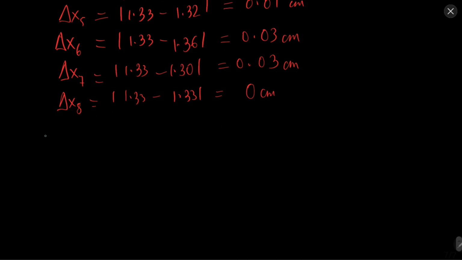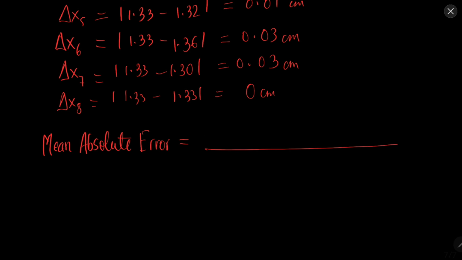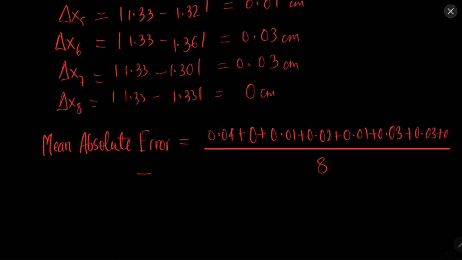Now what will be the mean absolute error? Okay, so generally you will be asked about the mean absolute error. So mean absolute error is simple, just add all the absolute errors, divide by the total number of errors. So there are total 8 values, therefore divide by 8 and add all the absolute errors. So after simplification you will find it to be 0.0175 approximately equal to 0.02.